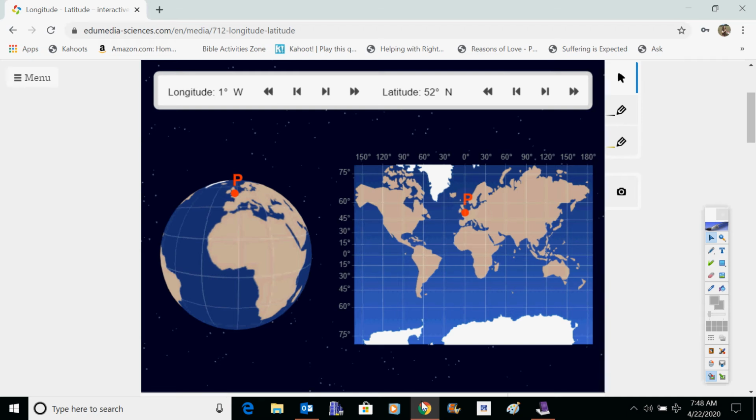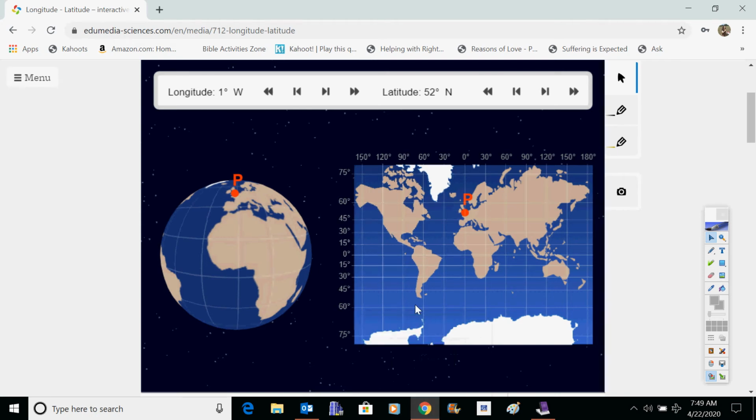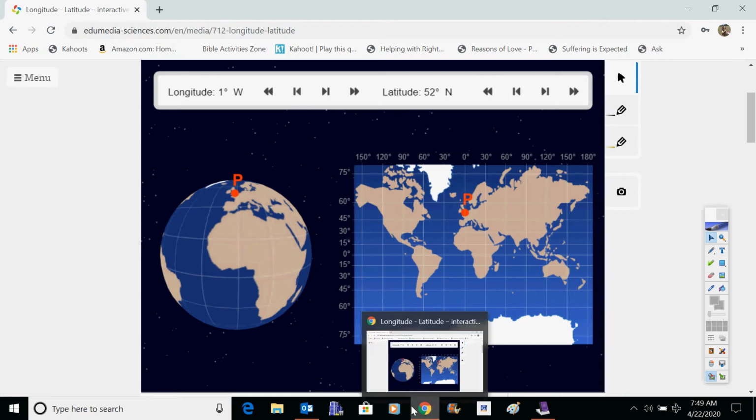That's always how I remember the difference between latitude sideways and longitude up and down. It's an interesting little trick that helps you remember the difference. Latitude, mouth goes sideways. Longitude, mouth goes up and down.